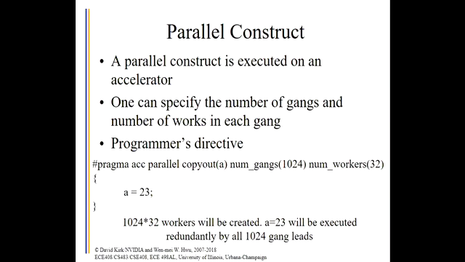So this A equal to 23 will be executed by 1,024 GANs, and each GAN will have 32 workers. So we're going to be generating 1,024 times 32 workers in total, and they will all be created and will all execute A equal to 23 redundantly.